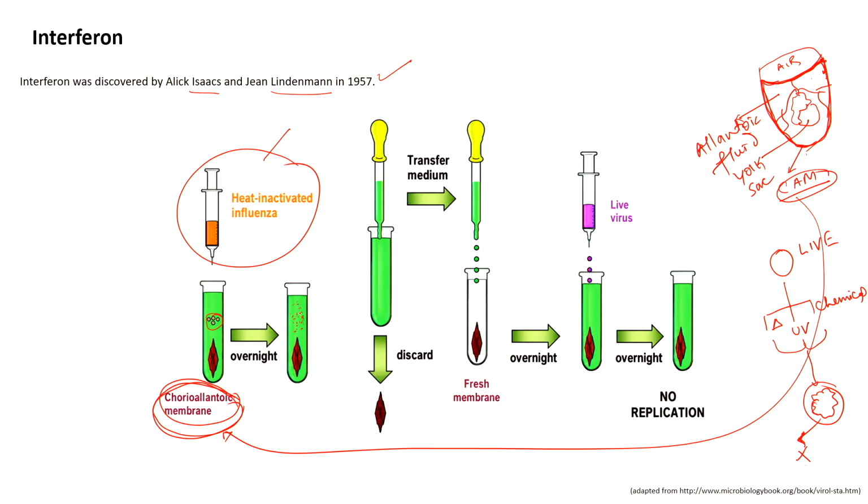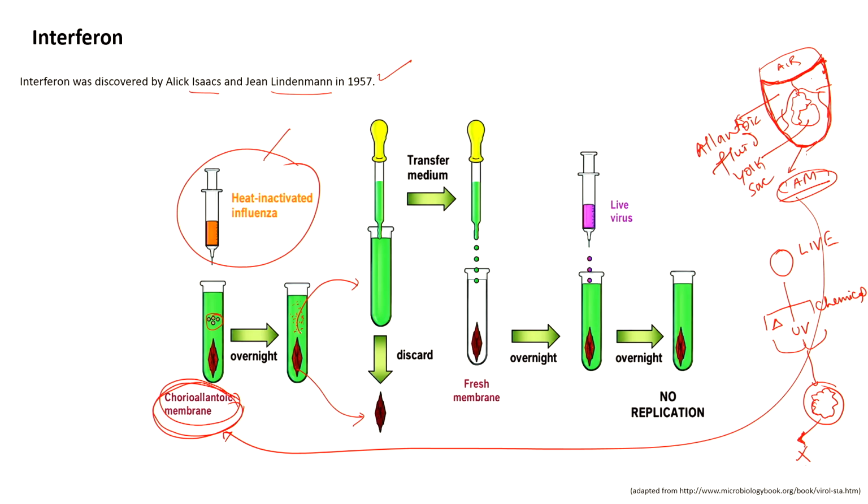So these materials were not identified at that time. So what they did is they discarded the chorioallantoic membrane and took the supernatant containing all those materials generated by the chorioallantoic membrane after heat inactivated influenza virus infection, or I would say treatment, because there is no infection.